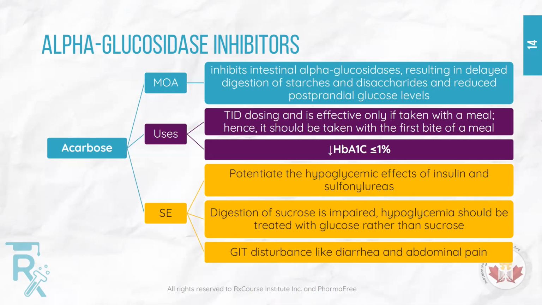This is why acarbose is contraindicated in people who have IBD or someone who has ulceration in the intestine, because it has a lot of GI side effects. So it's illogical to give something like acarbose in that case.